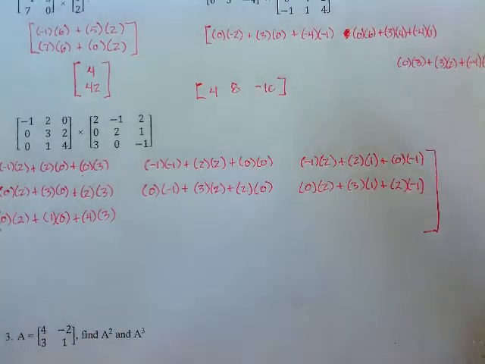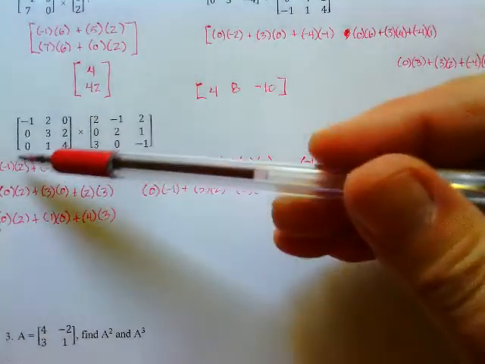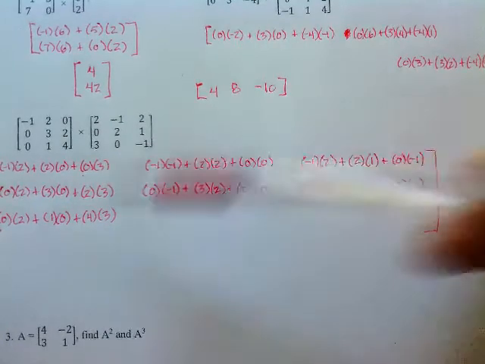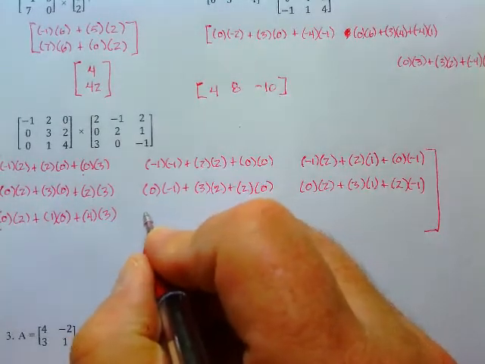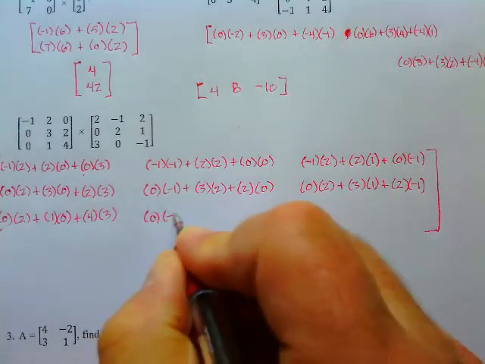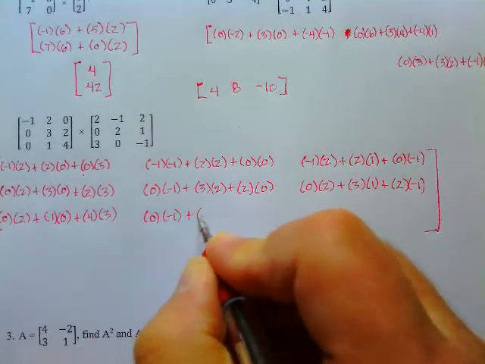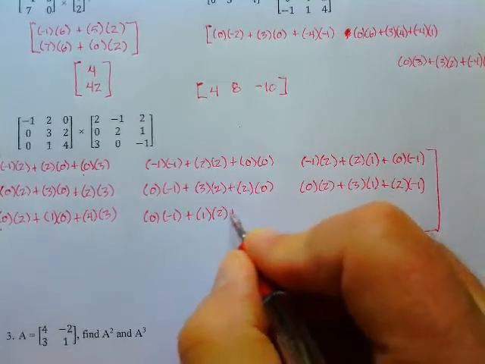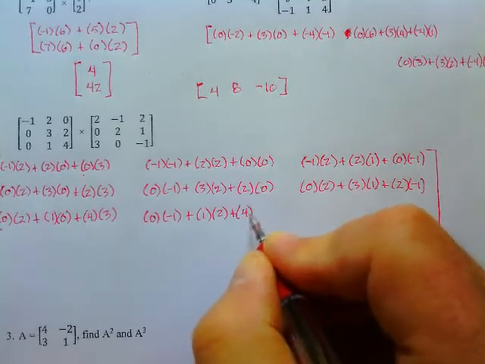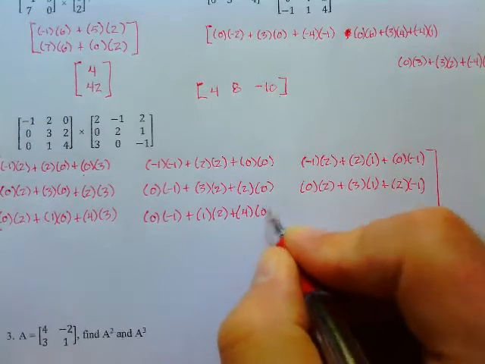And you can see that as you go down, it's the second numbers that have to be the same each time. And then here we have 0 times -1 plus 1 times 2 plus 4 times 0.